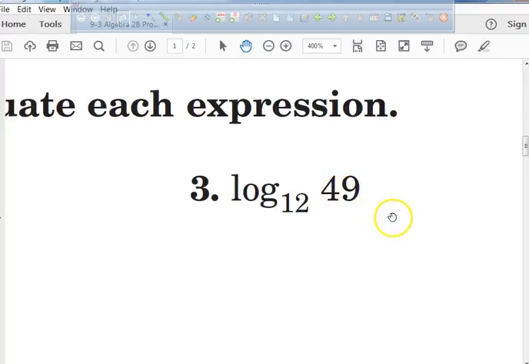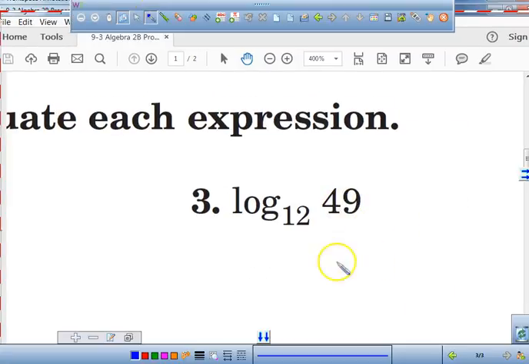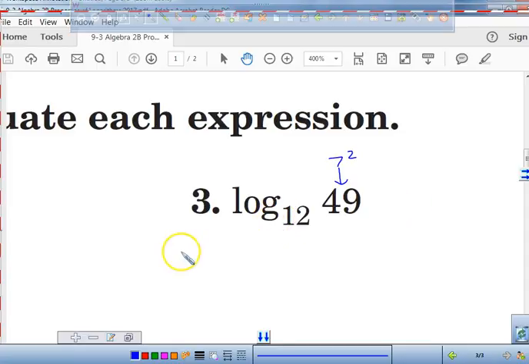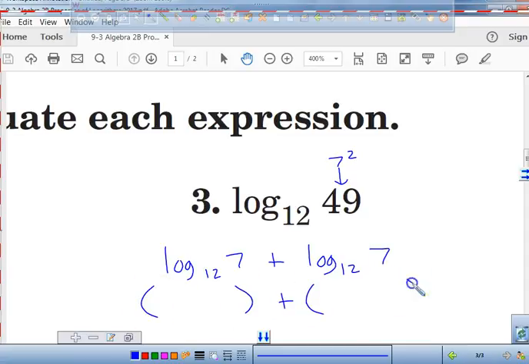Log base 12 of 49. Does everybody agree that 49 can also be rewritten as 7 squared? Or 7 times 7, right? So if you wanted to, you could say log base 12 of 7 plus log base 12 of 7. Do we have the approximate value for log base 12 of 7?